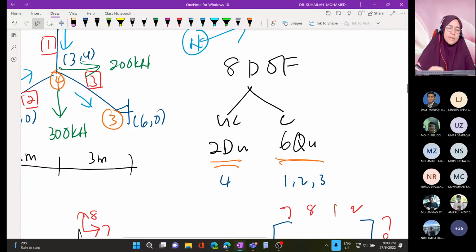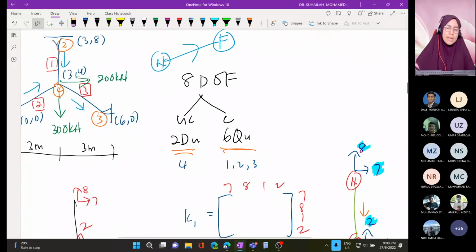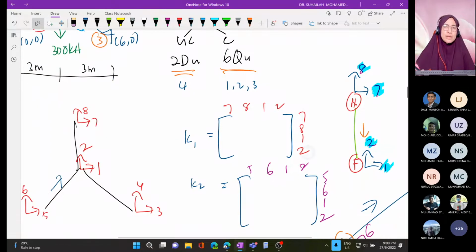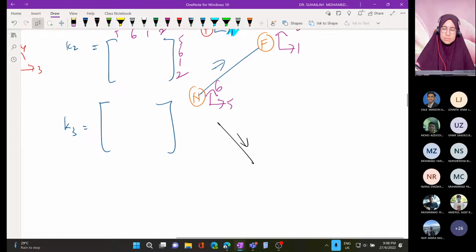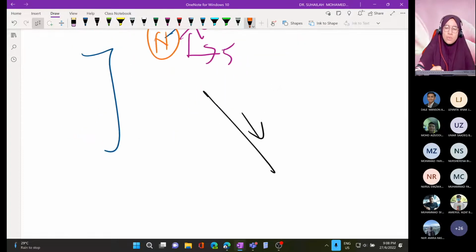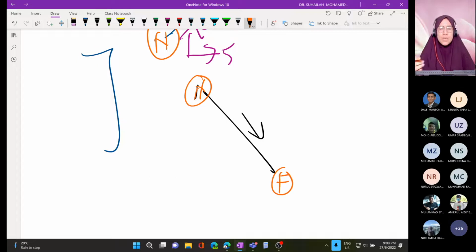From this, the degrees of freedom will be 1, 2, 3, 4, because this one will be the near end and this one the far end. We identify from the arrow and label the degrees of freedom: this is 1, 2 and this is 3, 4.